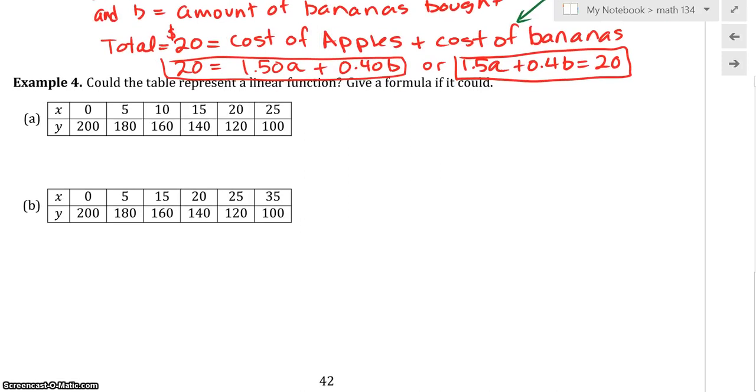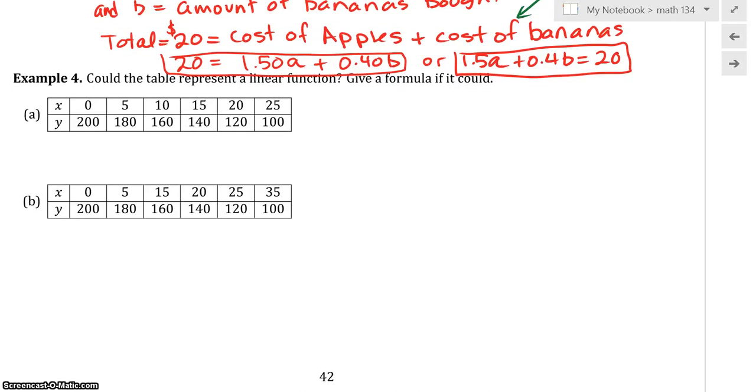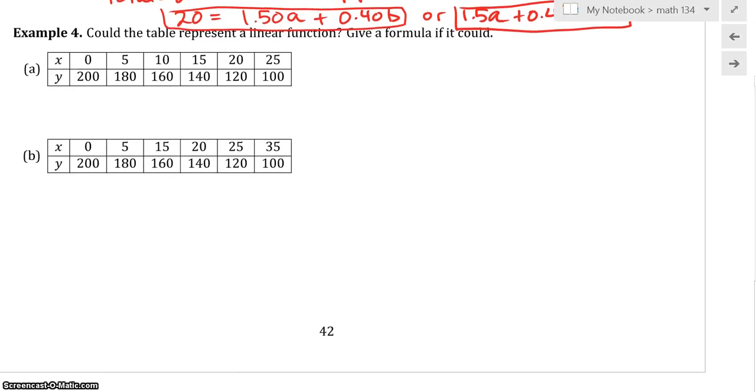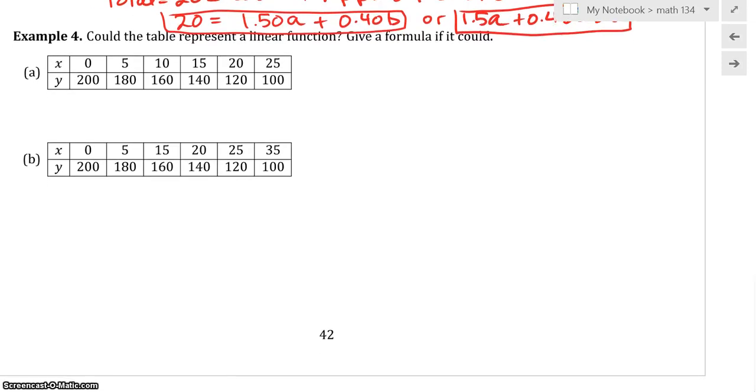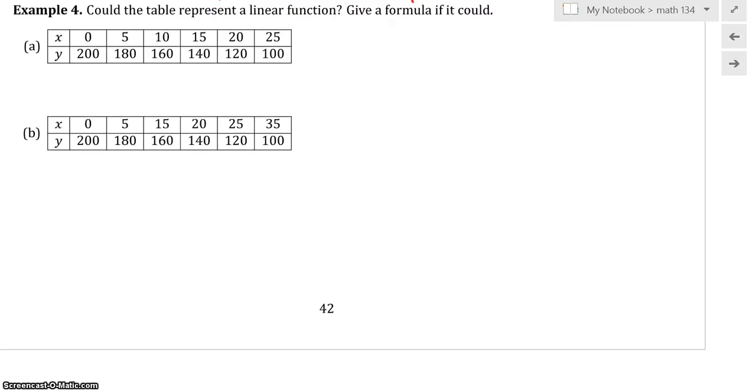The other thing that we're going to talk about is visualizing when something is linear. And that's what example 4 is. How can you tell if a table is linear? Well, we know a table is linear if it represents a line.